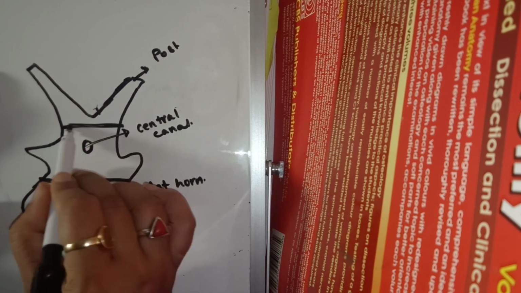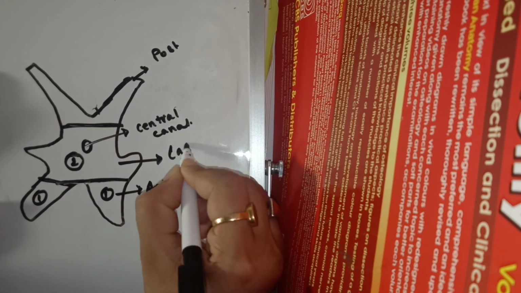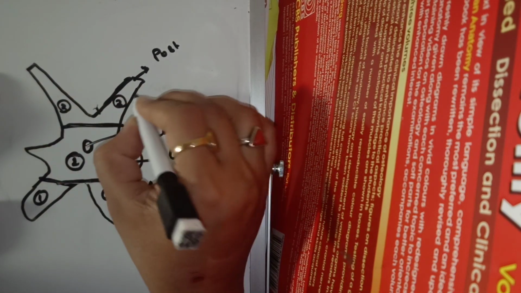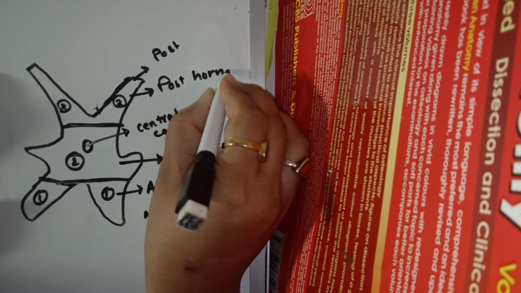Till here, number two is known as the lateral horn or intermediate area, and number three is the posterior horn.